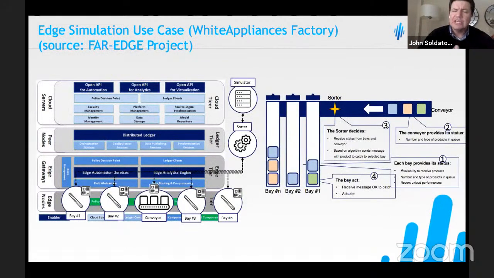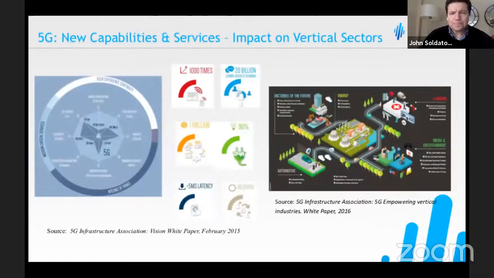Like here you see a sorter that is putting different types of products in different bays, and we use it to run a digital twin that could simulate ahead of time and estimate the best possible way to place the products that are coming on a conveyor in the different bays.